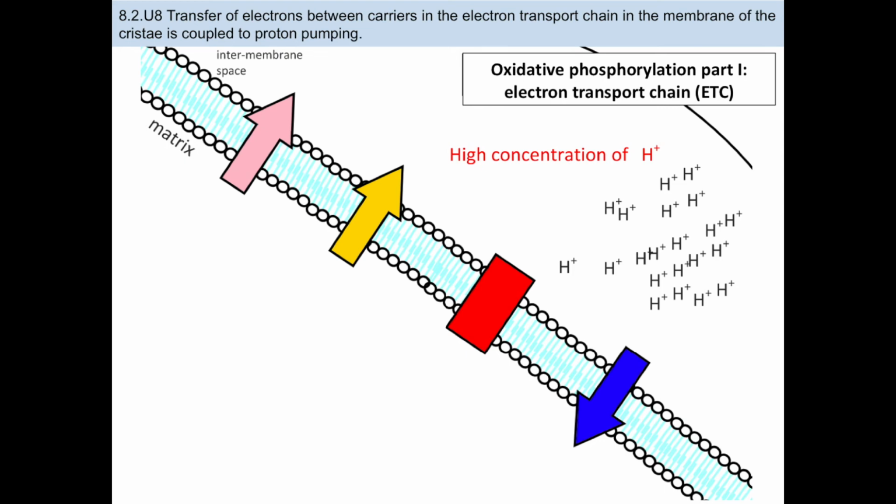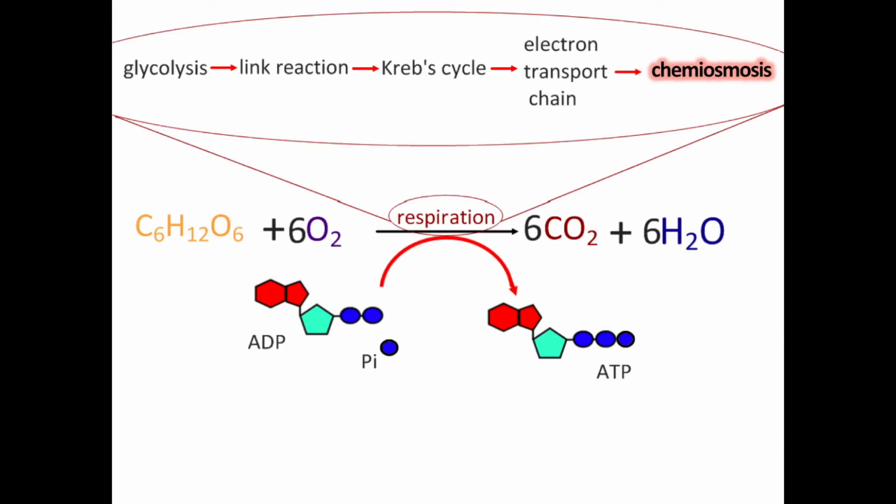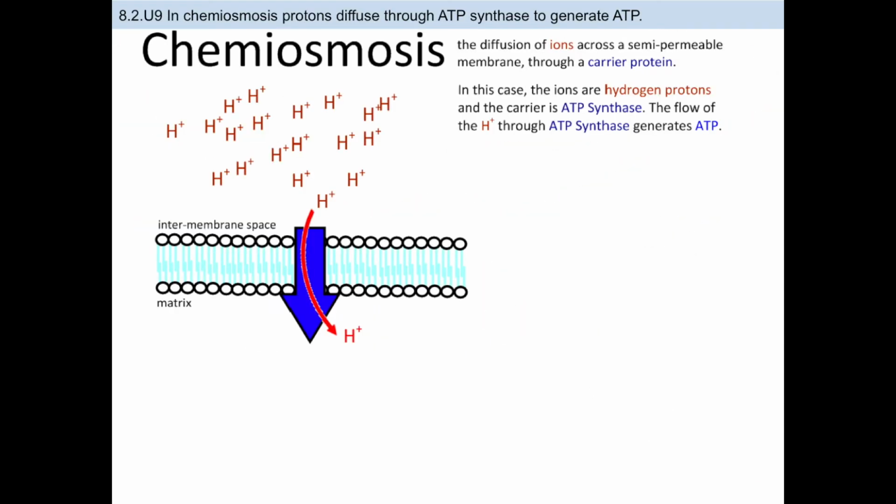All right, very good. So what will happen now once protons accumulate? You establish a gradient, a concentration difference. There are much more protons in the intermembrane space than in the matrix. Because there is a gradient, where will the protons move? From the intermembrane space back to the matrix.